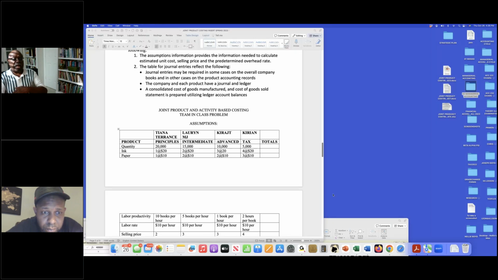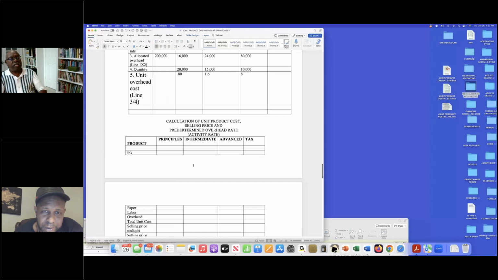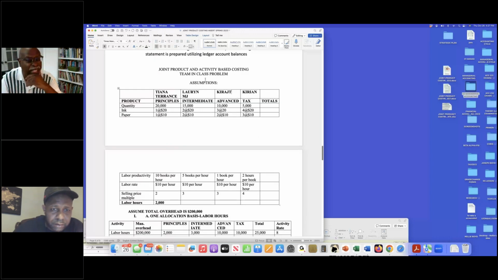Now, what's going to have to happen is that you're going to have to fill out this information: ink, paper, labor, overhead, total unit cost, selling price, multiple selling price, and predetermined overhead rate. We have to do that for each book. Let's go to our assumptions. Here are our quantities, 20, 15, 10, and 5. Here's the ink, the paper, the labor, and the labor rate.